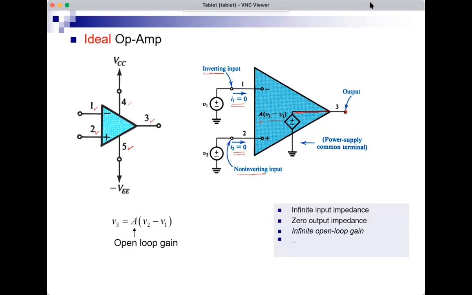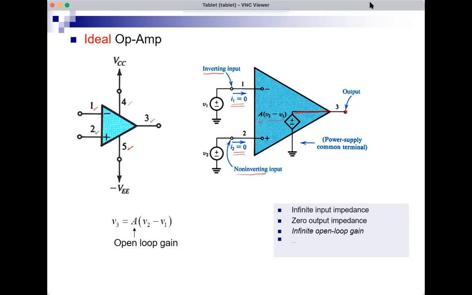So infinite input impedance, 0 output impedance, and infinite open loop gain, which is surprising, because if A is infinite, what happens to the output? Infinity times something. If V2 minus V1 is some volt or millivolt quantity, multiply by infinity, you get an infinite output, according to this equation.